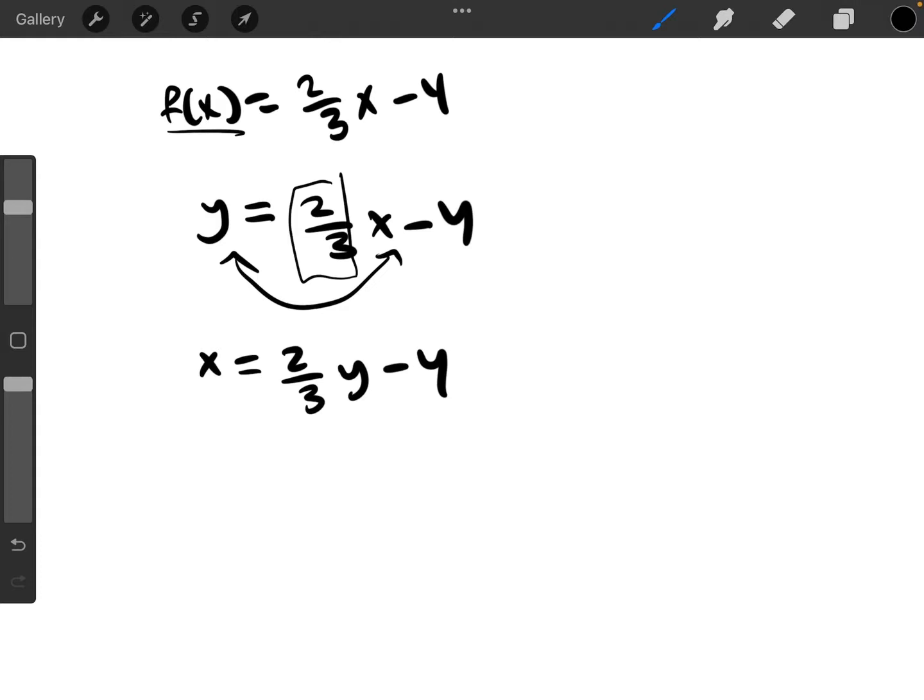And at that point, we have to isolate y by itself. To do that, we need to move 4 to the other side. So we have to add 4, giving us x plus 4 equals 2 over 3 y.